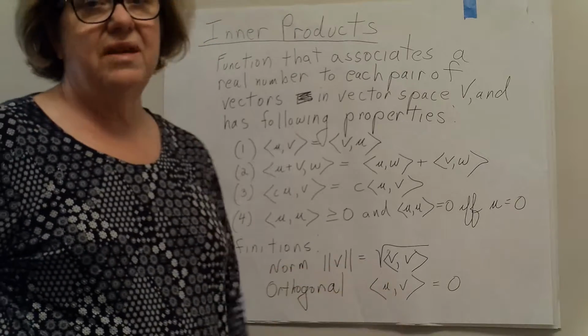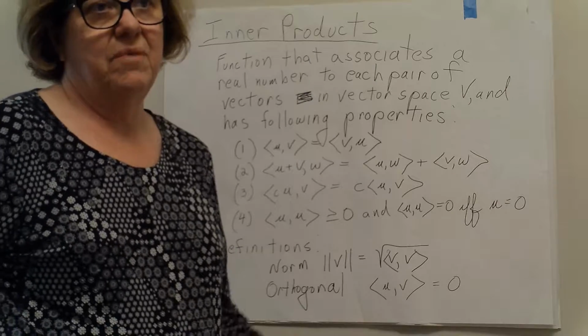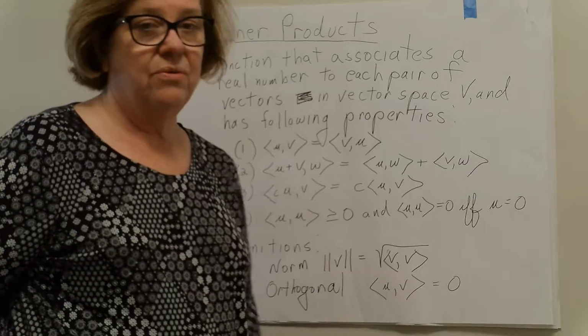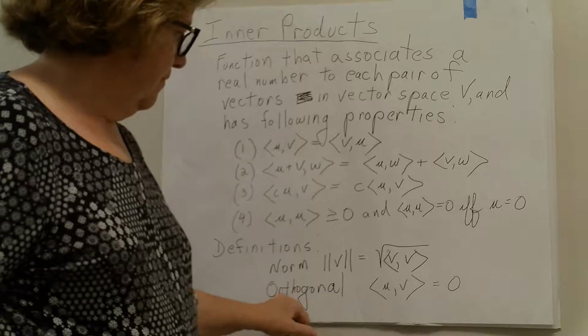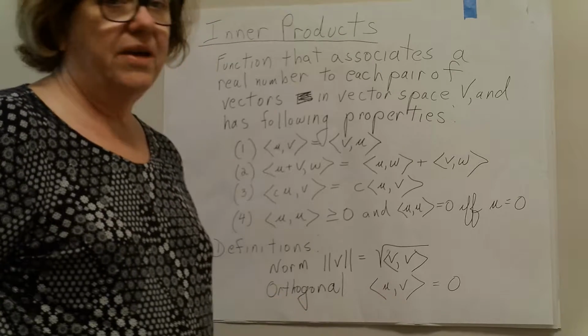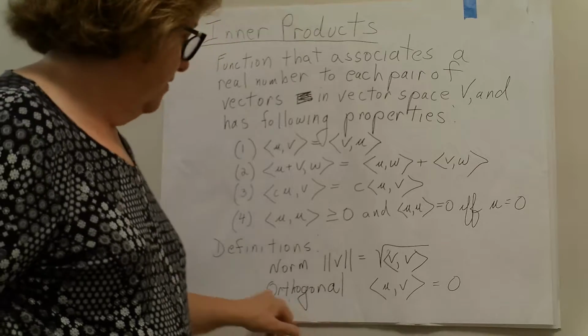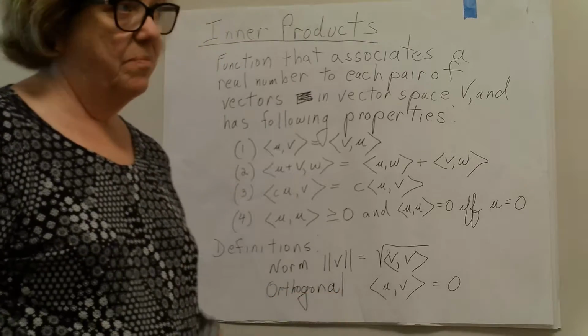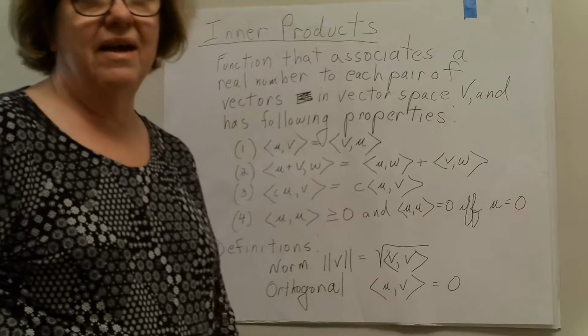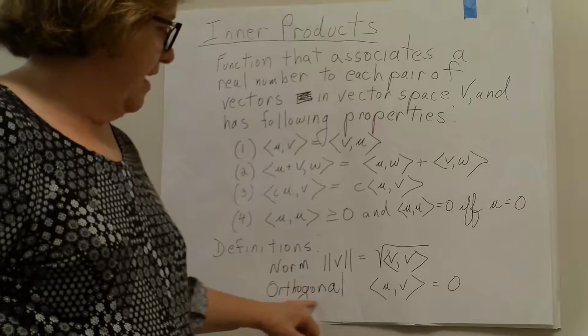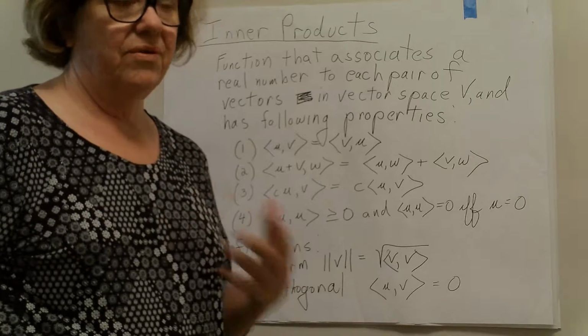This is a generalization of the idea of length from R2 or R3. We also say that two vectors are orthogonal if their inner product is 0. Again, do we have a picture we can draw? Maybe not. But we can abstract the idea of orthogonality.